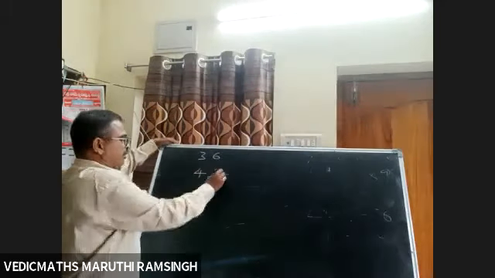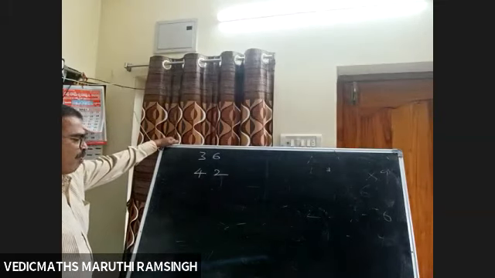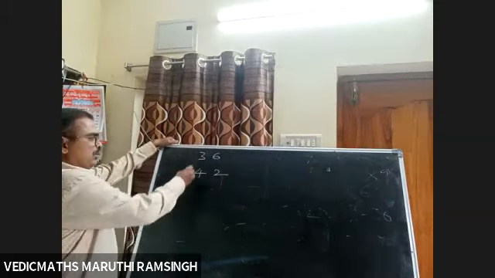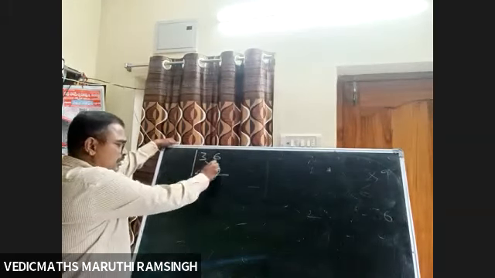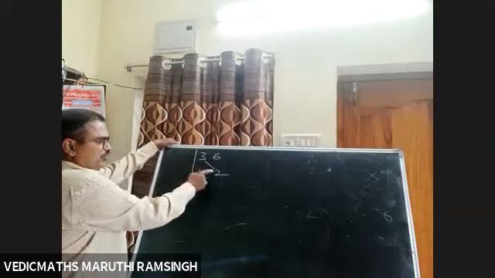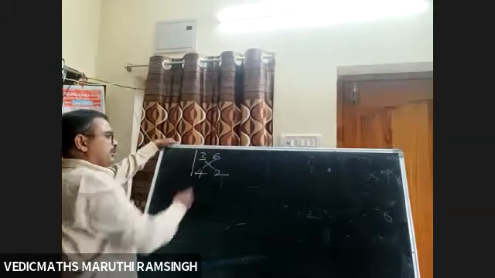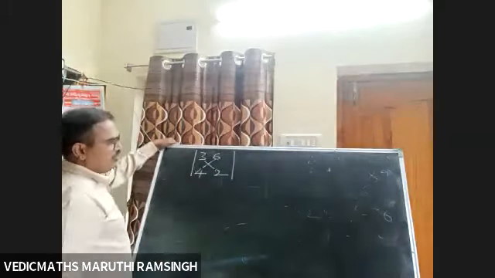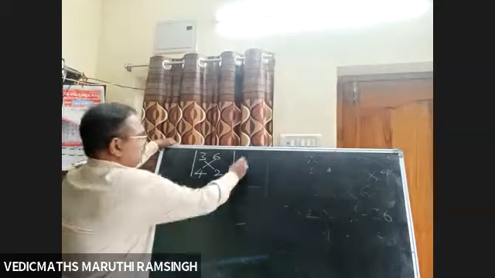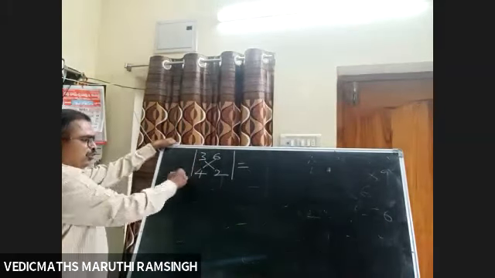36 into 42. Answer is 1512. Vertical, crosswise, one cross line from 3 to 2, another cross line from 4 to 6, right side vertical. Now, vertically, 3 into 4, 12.